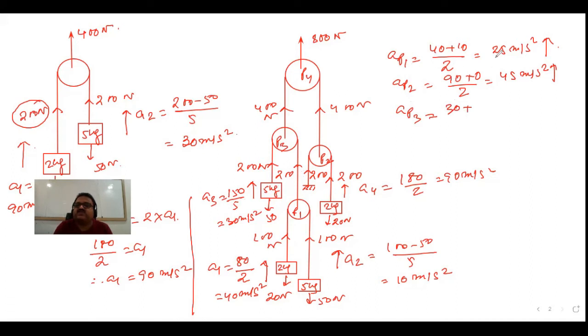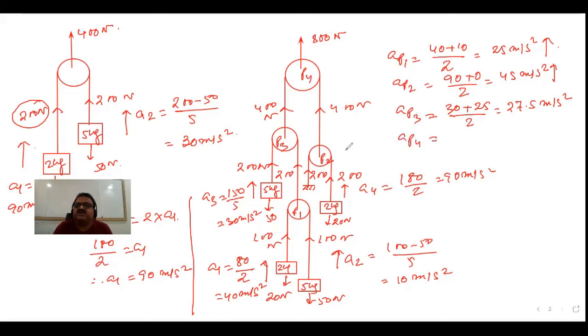And what is the acceleration of the pulley P1? 25 upward. 30 plus 25 is 55, 55 divided by 2 is 27.5 meter per second square. So now acceleration of P3 is known, acceleration of P2 is known, we can find out the acceleration of P4 easily. What is the acceleration of P4 then?